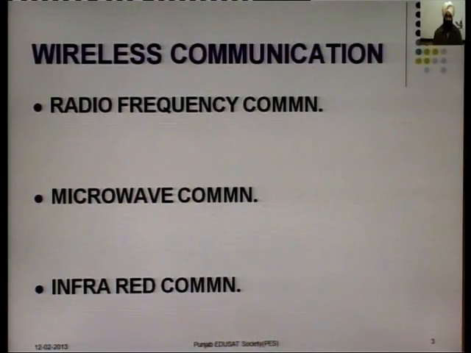Then microwave communication, which can be of very high range from ultra low frequency to very high frequency up to gigahertz and terahertz, that is the microwave range. And then infrared communication, which is used with the help of infrared devices, only for short distances, like in a room with the help of remote control, we control television, we control air conditioner etc. That kind of communication is infrared communication.